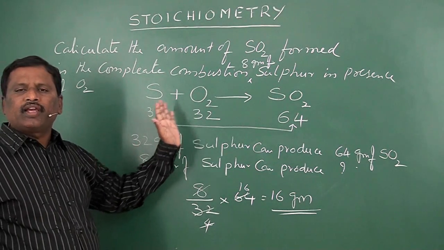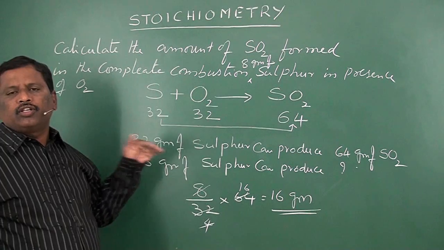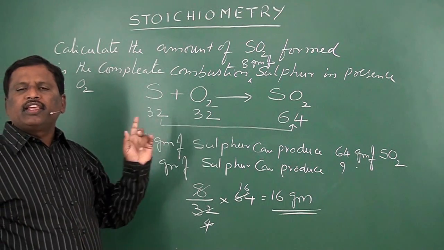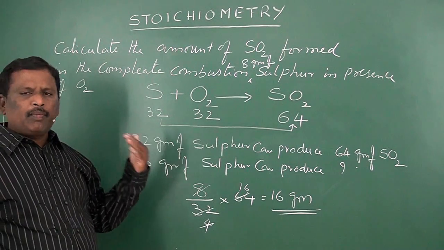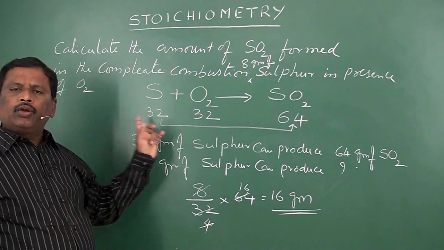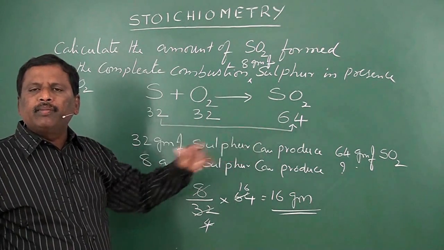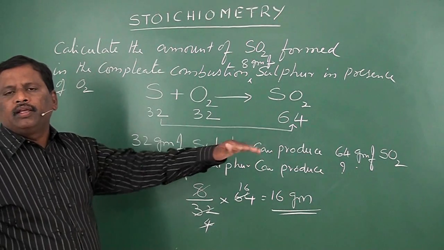So you should know how to write the equation. After writing the equation, in the second step you should verify whether the equation is balanced or not. If the reaction is not balanced, you have to balance it. Then note down the number of units of each element or compound involved, and compare all these things.